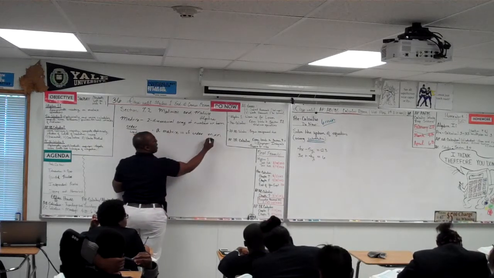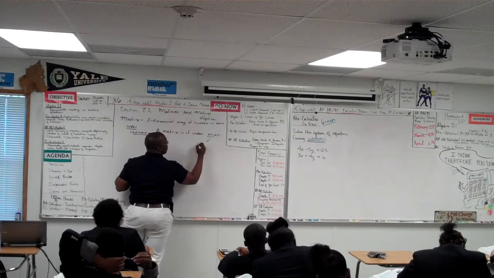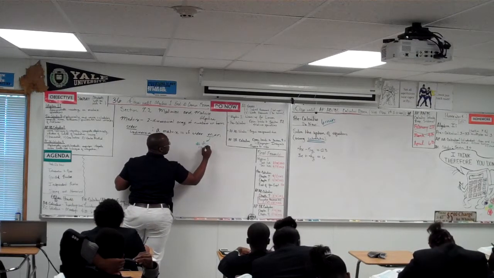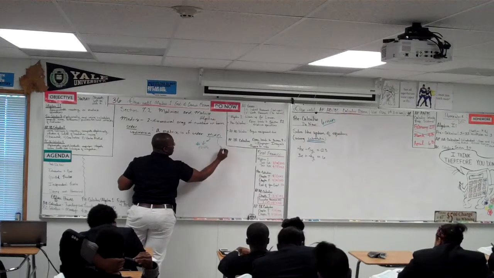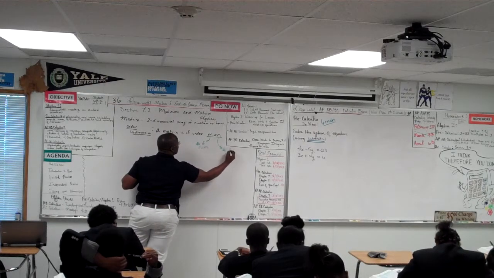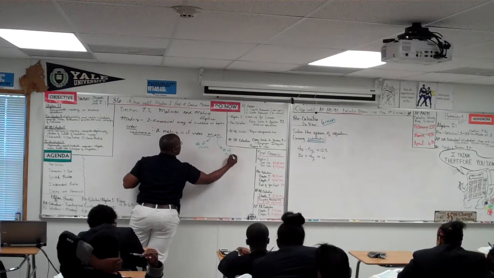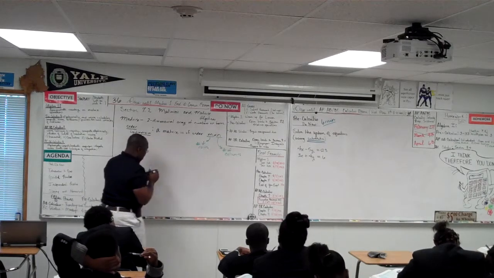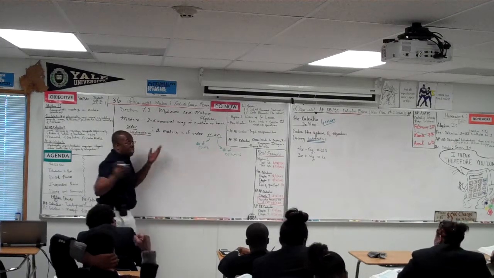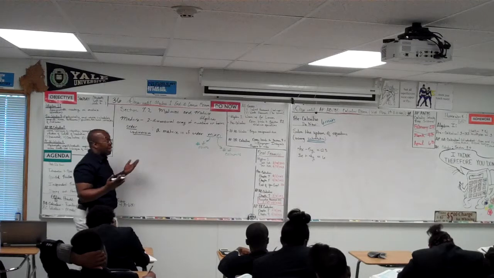Gee, Mr. Whitfield, what is m? M is the number of rows, and n is the number of columns. So if I need to know the order of a matrix, you just need to tell me the number of rows and columns and I can tell you.